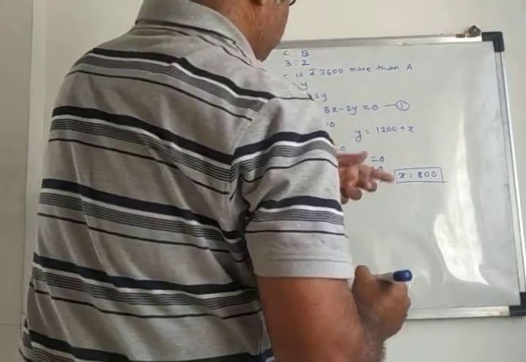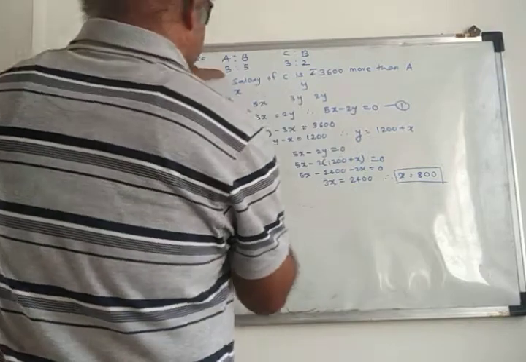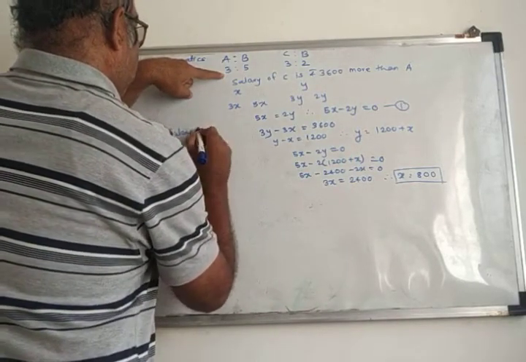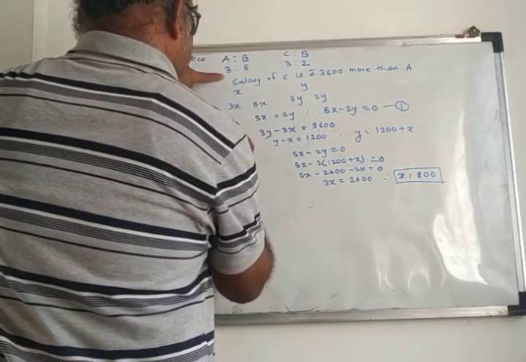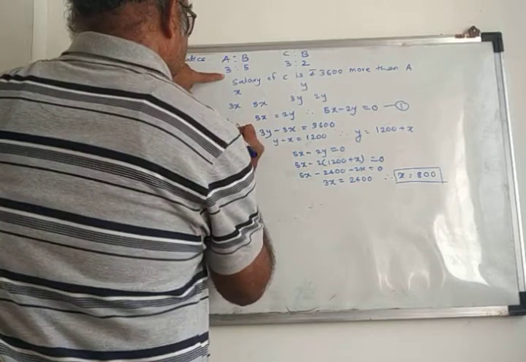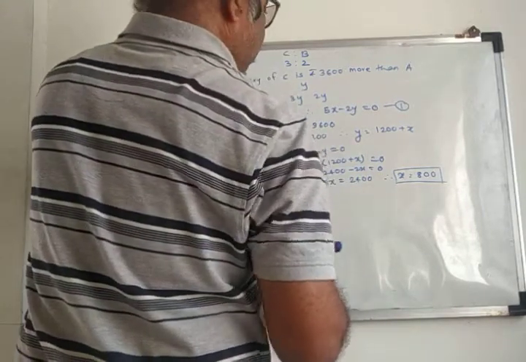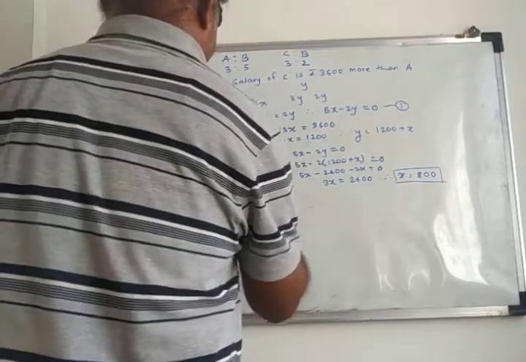Very quickly we can find the salary of A: it becomes 3x, means 3 into 800, which is 2,400. Salary of B we can find over here: 5x, 5 into 800, 4,000.